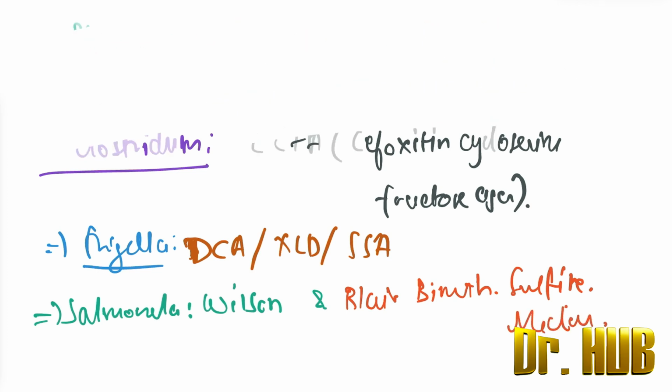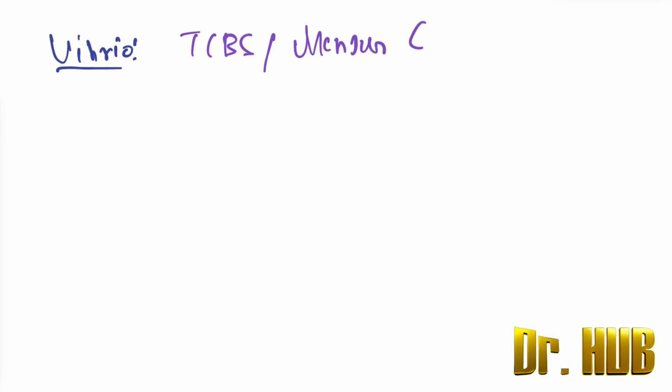Then we move on to the Vibrio. Vibrio has TCBS as well as the Monsur GTTA. Next there is the Pseudomonas.